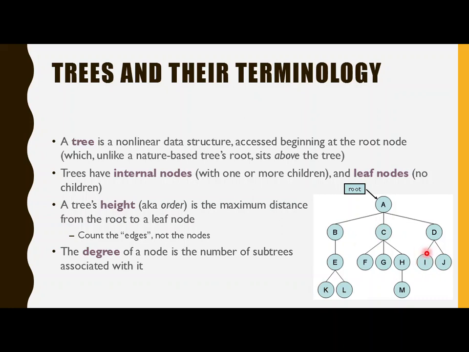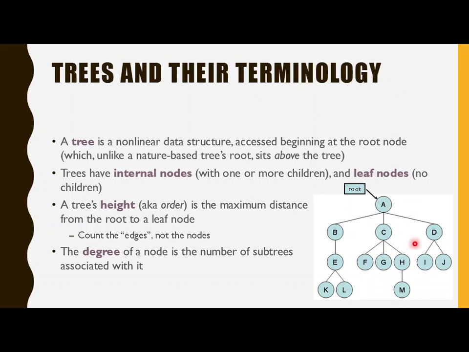Now, another thing that we need to do here is talk about a little bit of measuring. How do we measure trees? Well, one of the important things is that we can measure height, and that is the maximum distance from the root node, which is A in this case, to the maximum distance to any leaf node. When you measure this, you don't count the nodes, you count the edges or the lines that are between the nodes.